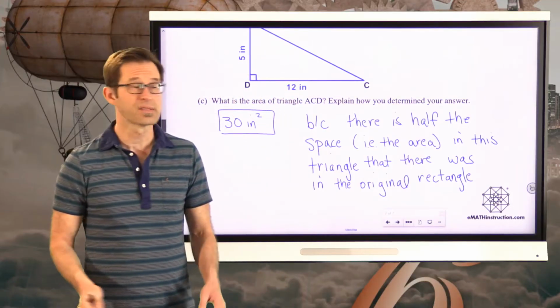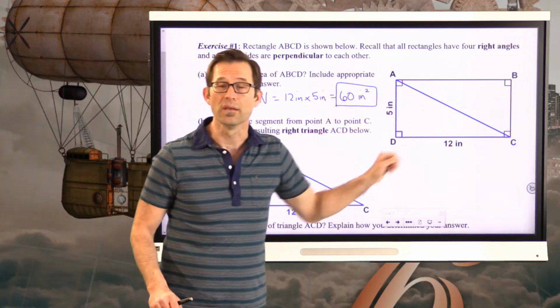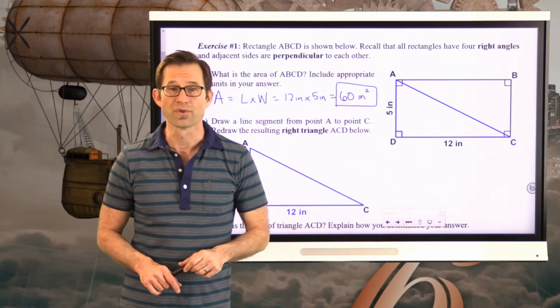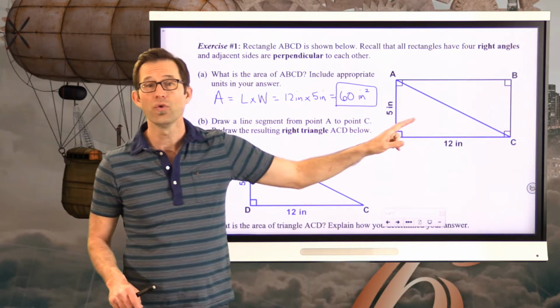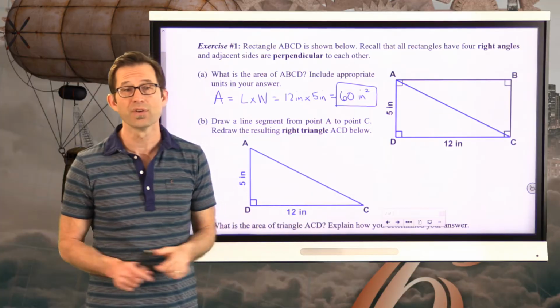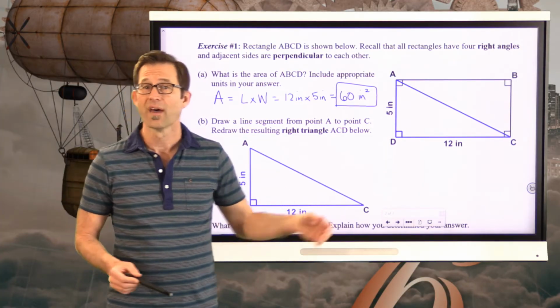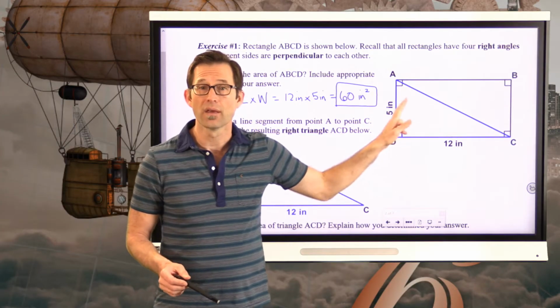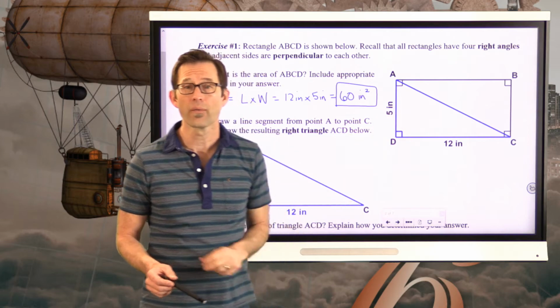And it's pretty much that simple, right? My original rectangle, ABCD, contained 60 square inches. When I draw this line in, I divide it up into two identical right triangles, so half of that area has to be included in this right triangle, and half the area has to be included in that right triangle.